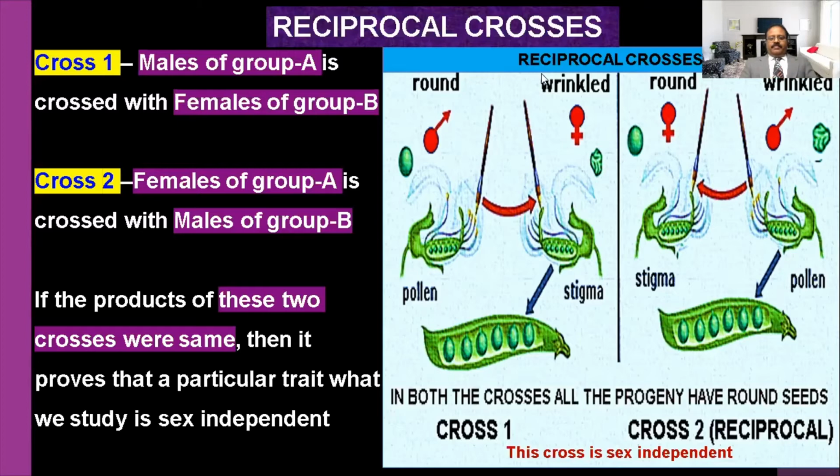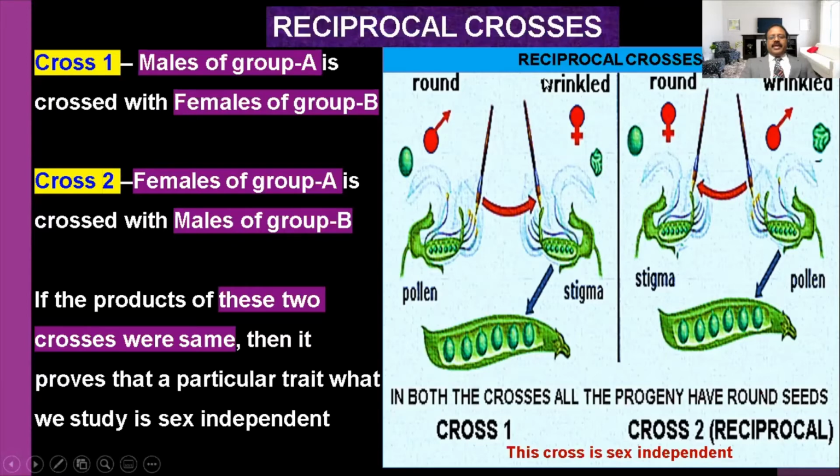Here, in the first cross, the round seeded plant acts as a male plant. The male plant has anthers, pollen and all. So from the male plant, or round plant, we can take the pollen grain and put it onto the stigma of the female plant.